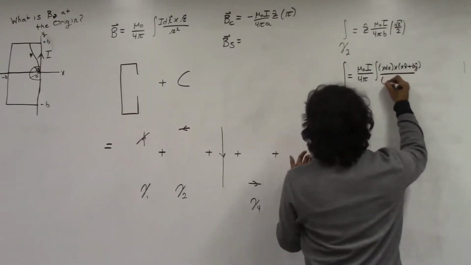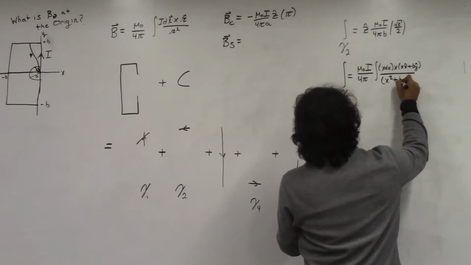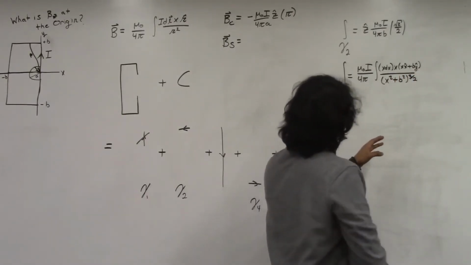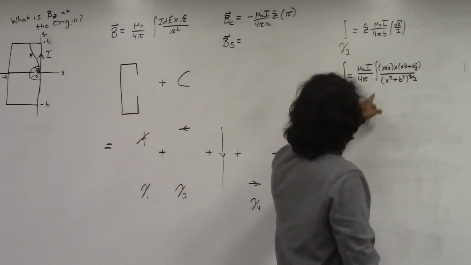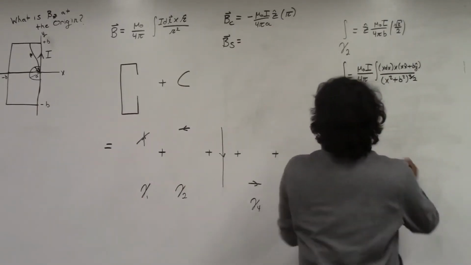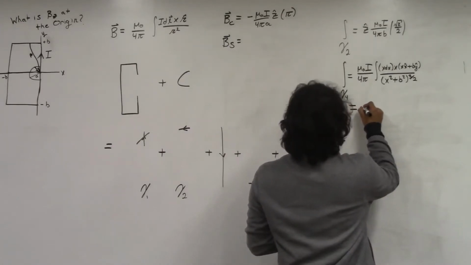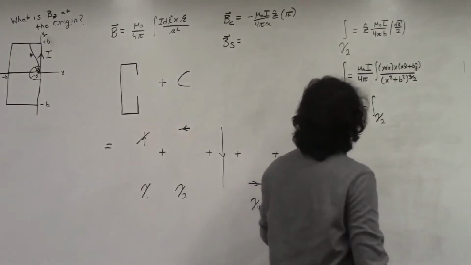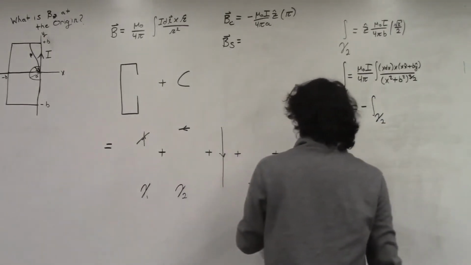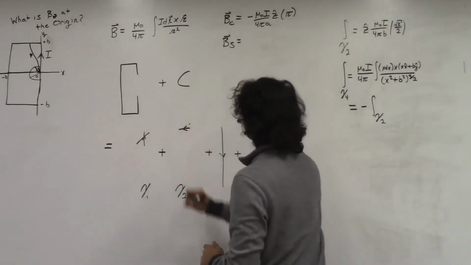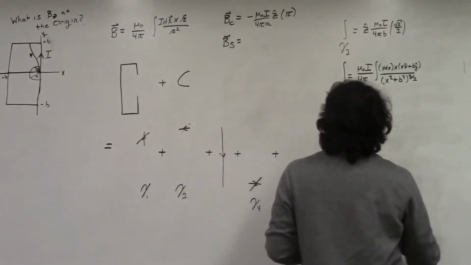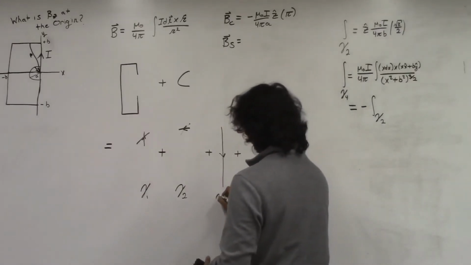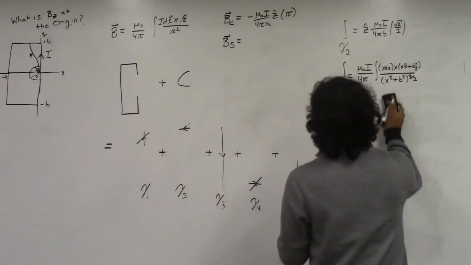It will be over the same term, x squared plus b squared to the 3 halves. But if you remember the original integral, it was exactly this, but with a minus sign. This is equal to minus the integral of gamma 2. So we can immediately say that gamma 2 and gamma 4, those contributions cancel off immediately. So now we only have one integral left to do, which is over the final gamma 3.